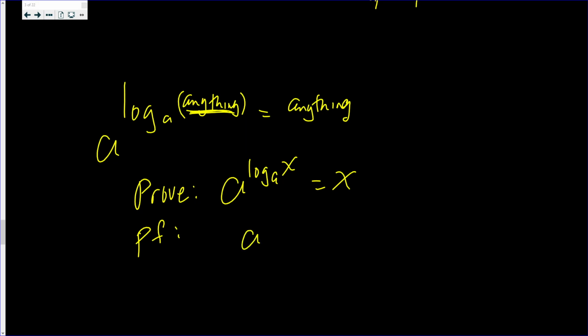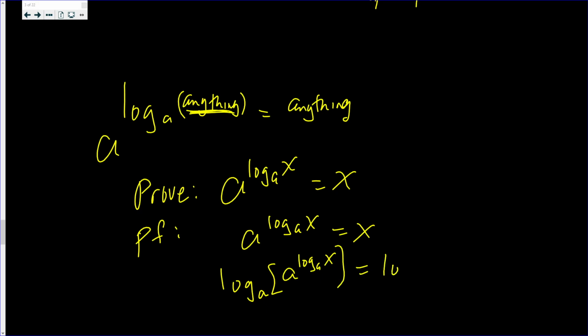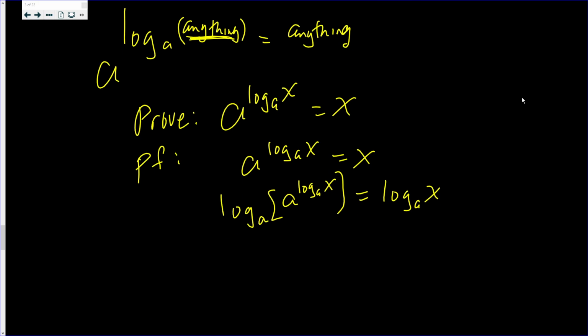So I have a to the log a of x is equal to x. So I take log base a of both sides. Now, what happened is, the log and the exponential cancel, and this is just going to be log base a of x.